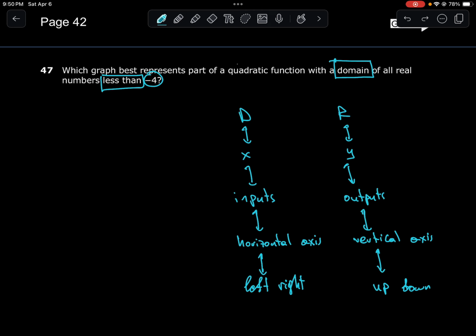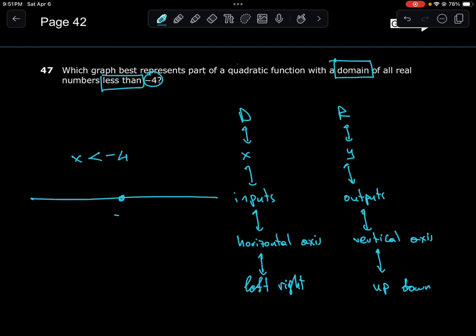But let's see what we got here. Domain means x, less than -4. How does that statement look on the graph? First of all, x is horizontal, so that's the horizontal axis.